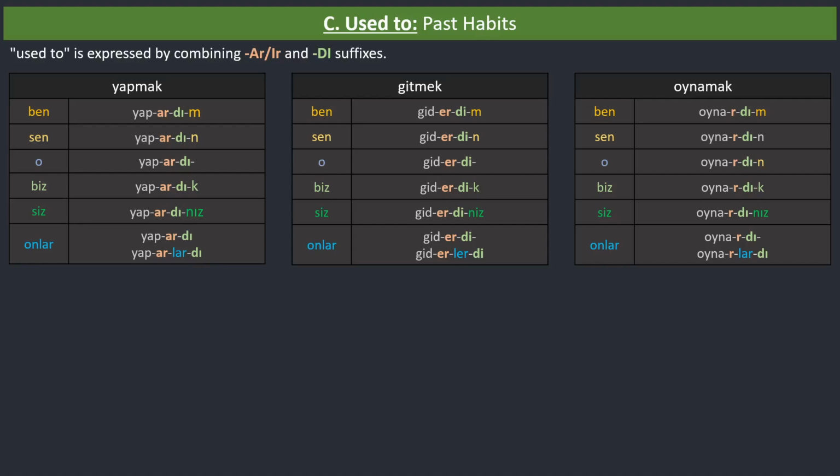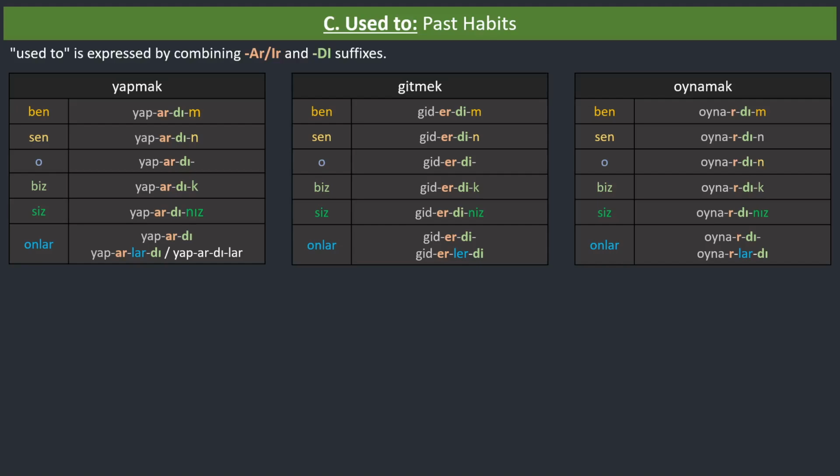And the other order is also possible, so let me include the other, less common one, which I didn't mention before: yapardılar. You can also use this order of suffixes. It's up to you, more like a personal preference, and it doesn't change the meaning.